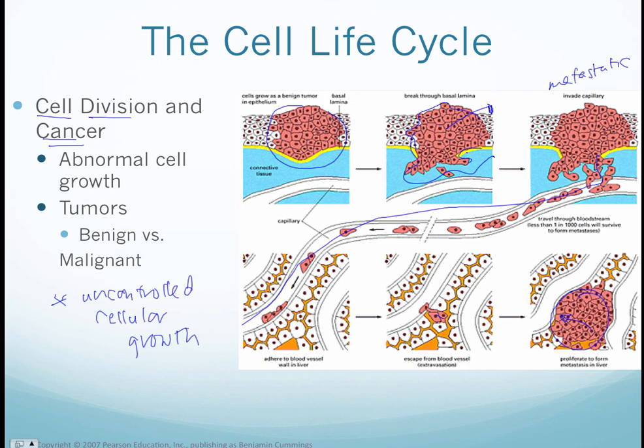And so these cells, because it came from your breast, for example, these are also going to have breast cancer cells. So this is called a secondary cancer because it's able to migrate, and this is a primary cancer. Okay, so that's how that works.